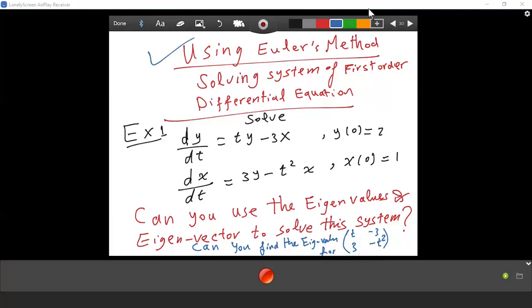I will leave it for you and see you, inshallah, on Tuesday morning. You give me the solution for these two systems of linear first order differential equations. I'm waiting for you on Tuesday, inshallah.